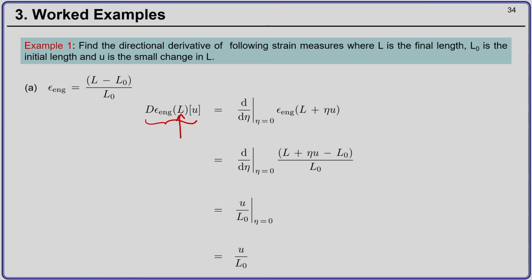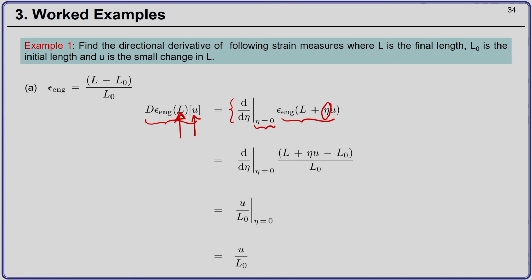So, the directional derivative of engineering strain at length L in the direction of change u, which is in the same direction as the length L, will be given by, and you will recall from our previous discussion on how to compute the directional derivative, d by d eta of the engineering strain evaluated at L plus eta u, and then substituting eta equal to 0.